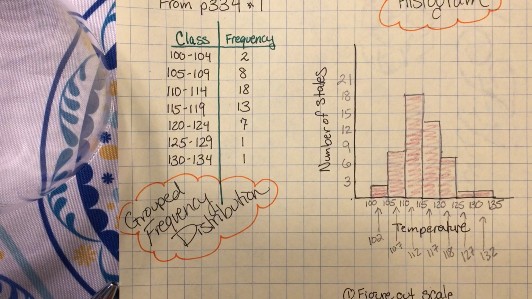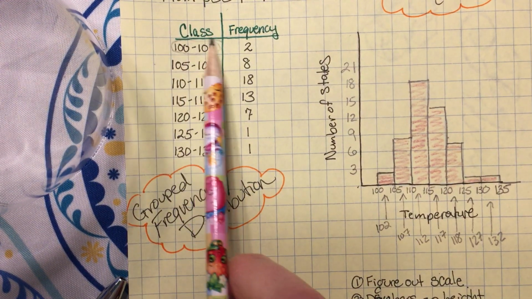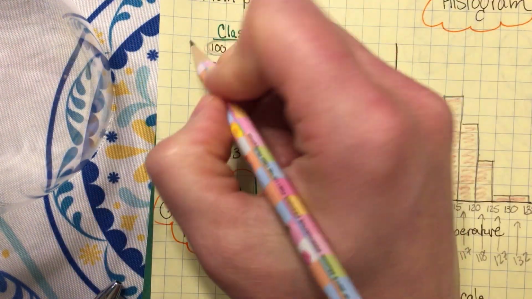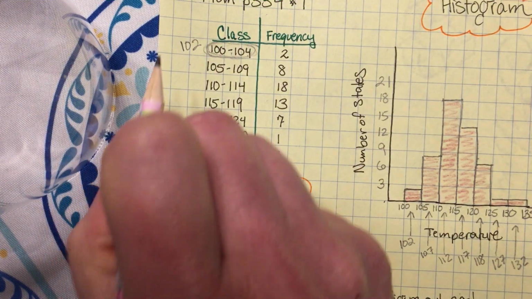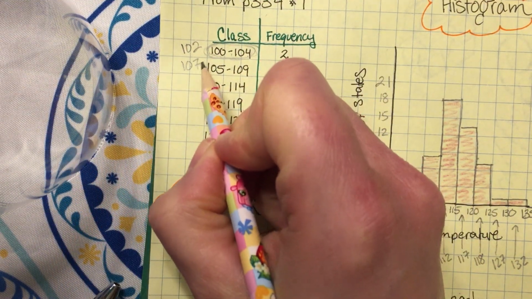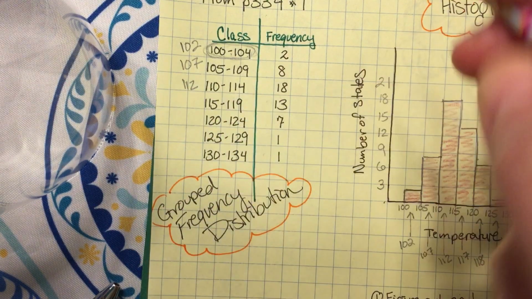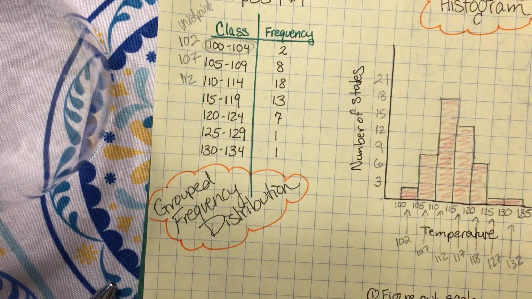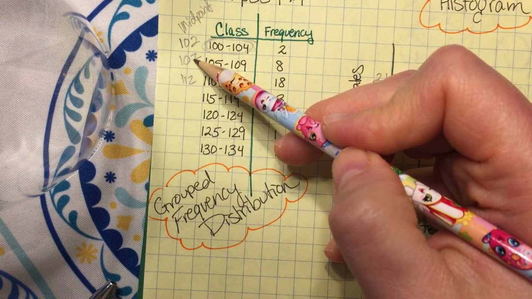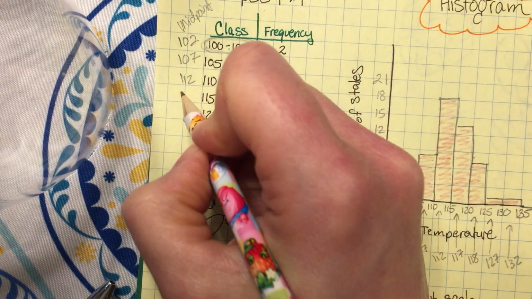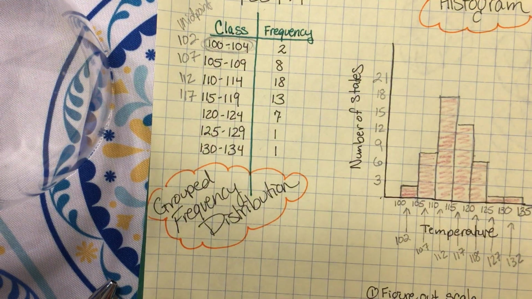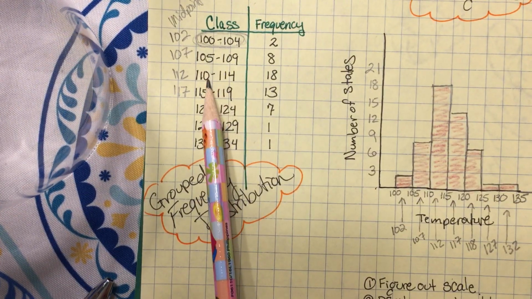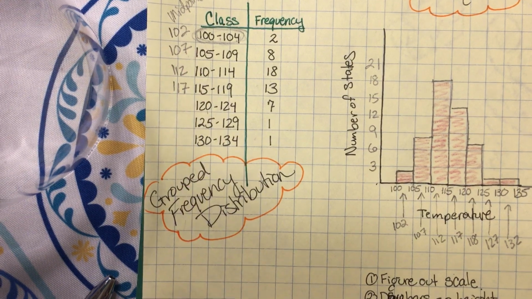Look here. What is the middle value for each of these? This is where I'm getting these numbers. 102, 107, 112. And notice here, from 2 to 7, it's 5 away, 5 away, 5 away. Our classes are all, like our starting points are all 5 away, so the midpoints ought to be 5 away as well.